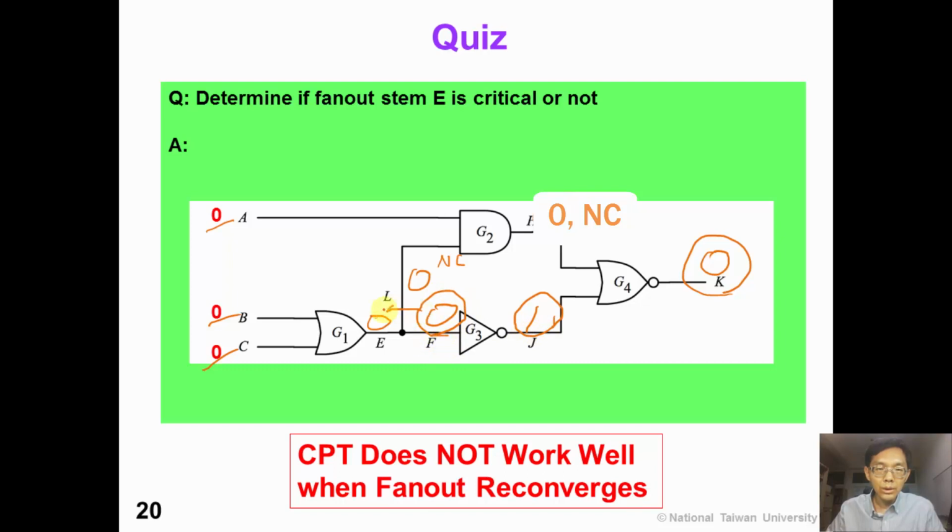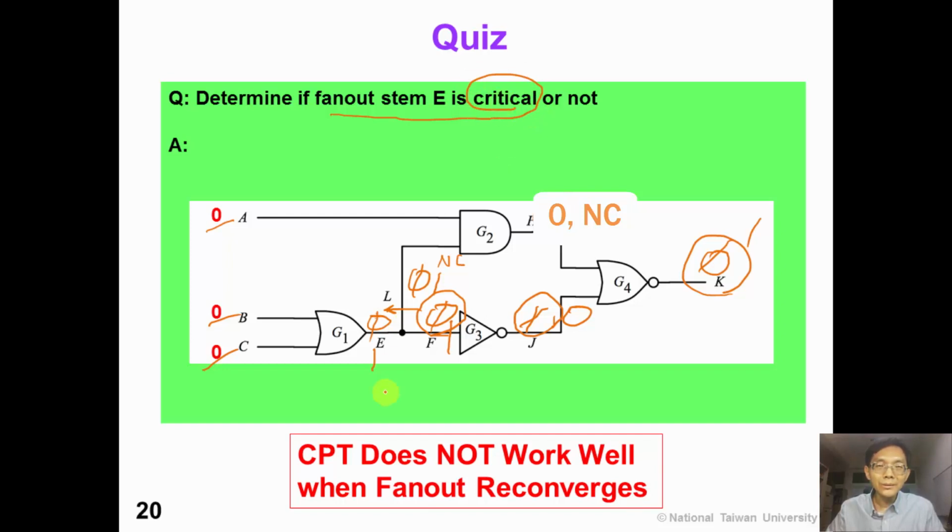Now we want to determine the criticality of fan-out stem E. Is E critical or not? Let's try to flip the value. We can see that J is flipped to 0, so K would be flipped to 1. So in this example, fan-out stem E is critical.